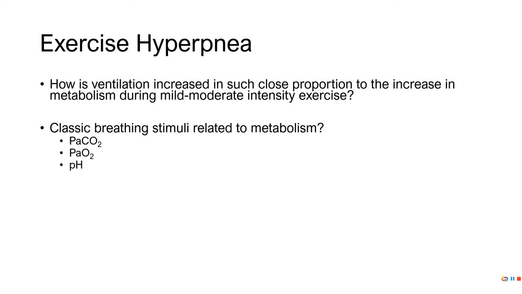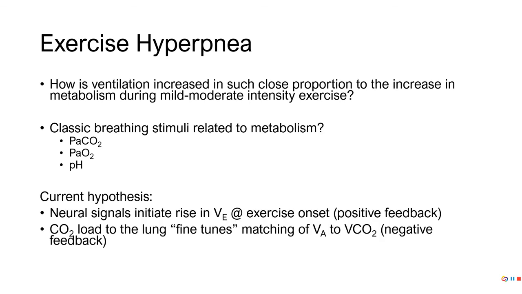And so we think what's going on is that there are signals that we talked about, central command and positive feedback. At the beginning, your brain knows that you're getting ready to run, so we increase ventilation. Then as you begin exercising, the CO2 in your body changes, and your body makes adjustments. So you have this initial increase, and then with the CO2, your body says, I need a little bit less breathing to get CO2 back to where I need it to be.